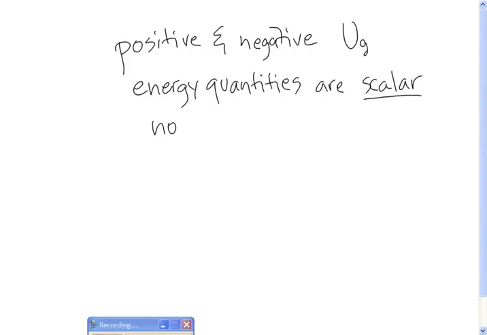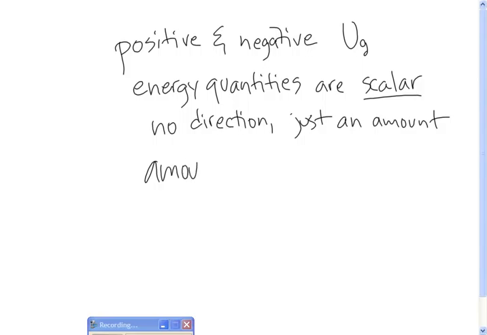That is, they have no direction, just an amount. But what does it mean that UG at least can be positive or negative? Well, it's like the amount on your credit card. It can be positive or negative, but that doesn't indicate a direction. That means what you have or what you owe.